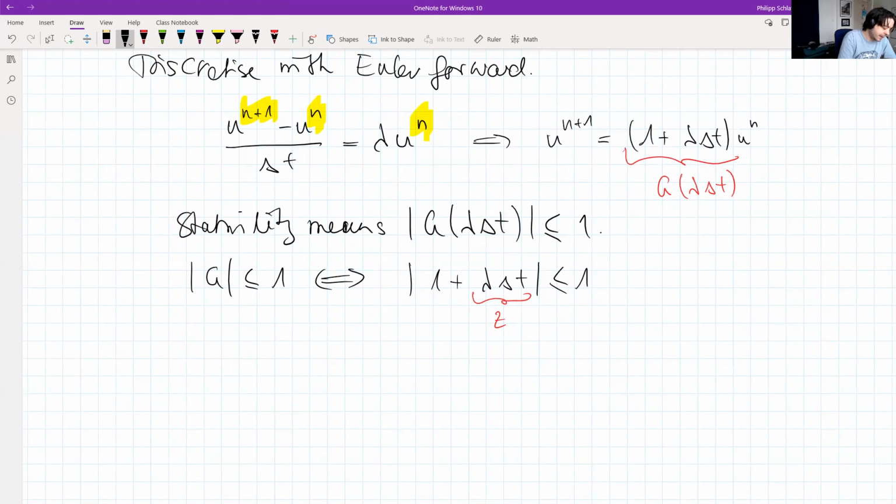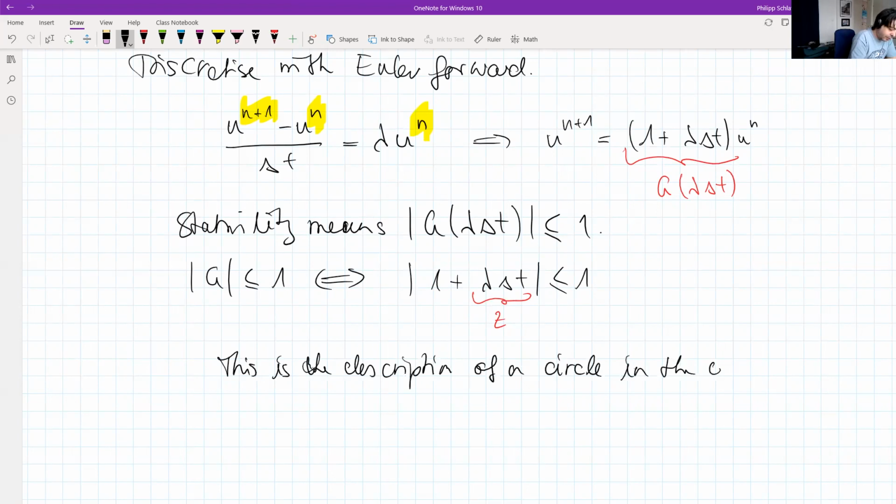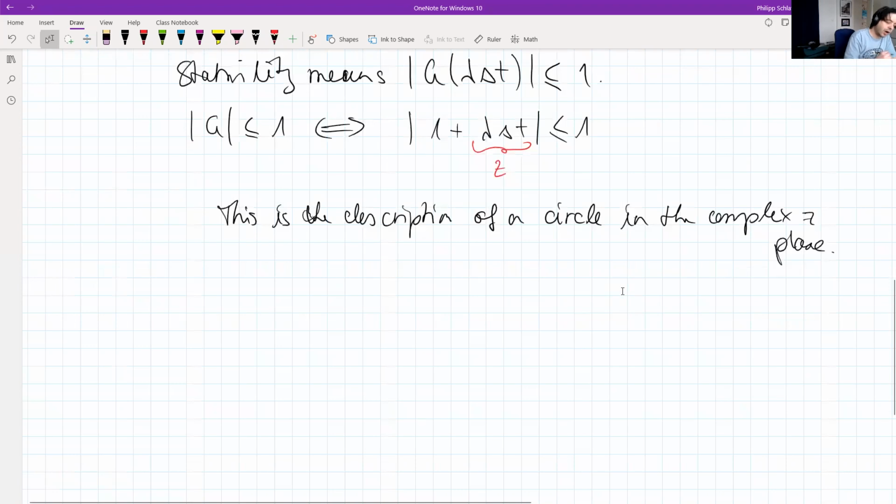Well, this essentially is a description of a circle in the complex z plane. It's a circle where the center of the circle is located at -1 and the radius of it is 1.